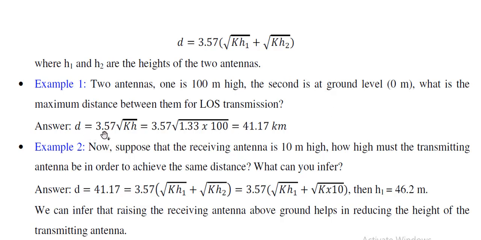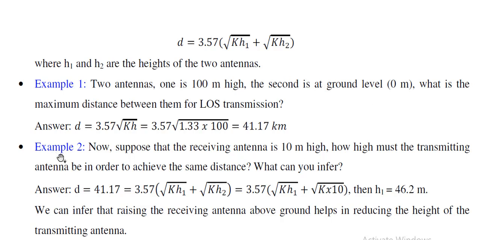D is equal to 3.57 square root of kh, where k is 4/3, 1.333, multiplied by 100 meters. The result is 41.17 kilometers, which means the first antenna can be at a maximum distance of 41.17 kilometers from the second one. Of course, here the second antenna is of height 0.